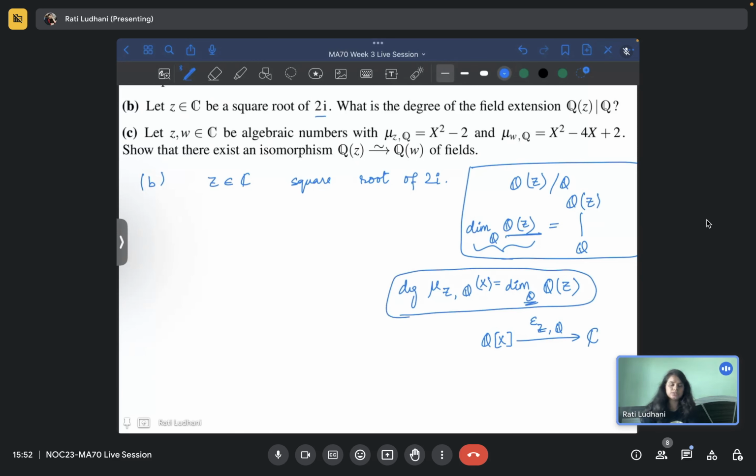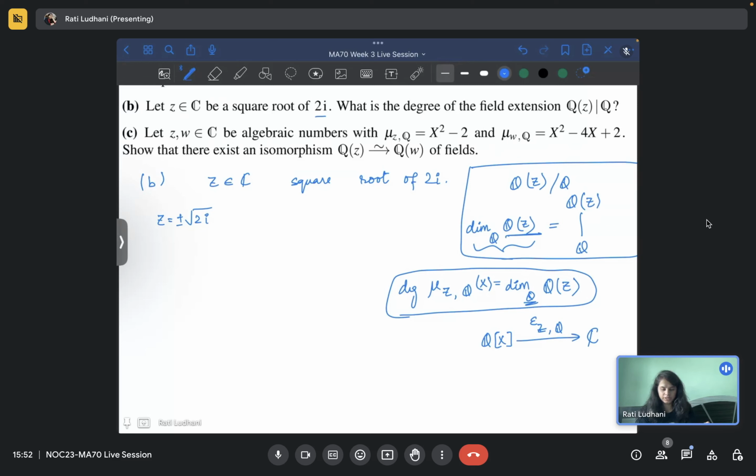So let's see what is the minimal polynomial of z over Q. Any thoughts? So the square root of 2i might be plus minus. If I'm already writing root, I'm thinking of positive, so I wrote plus minus.